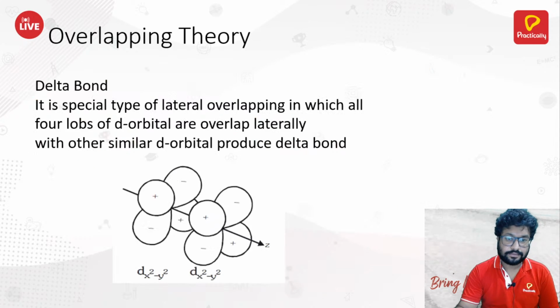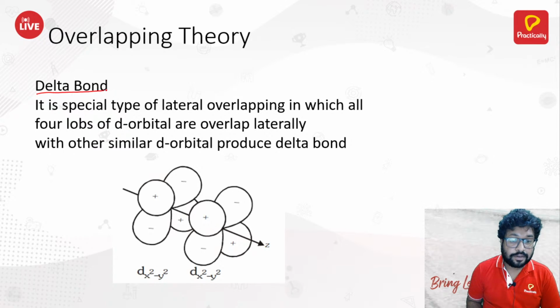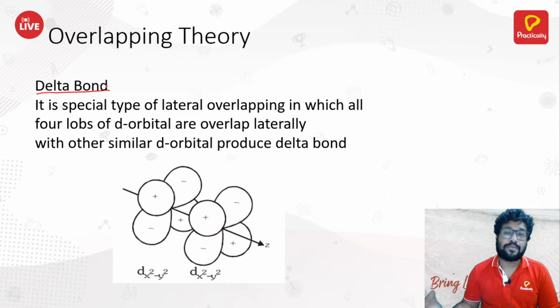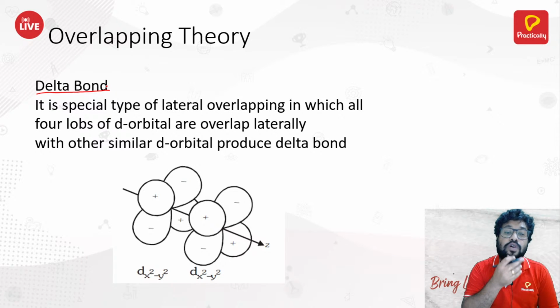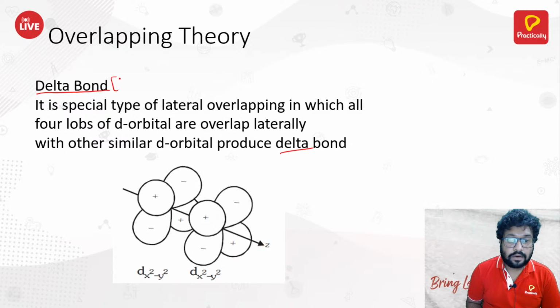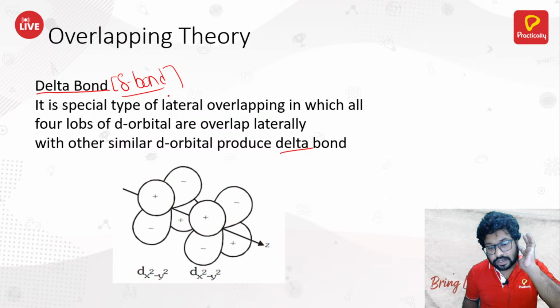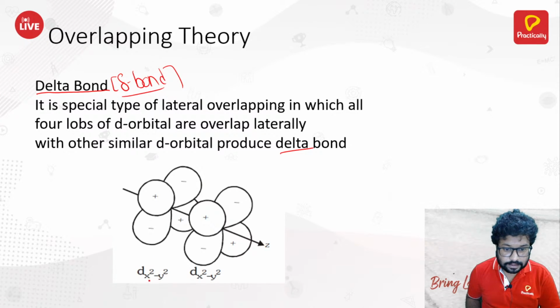No? Okay. Chalo. So the last bond that we have is the delta bond. How do we form a delta bond? See, it's a special type of bond, where the lateral overlapping happens between the four lobes of a d orbital. When the lobes of a d orbital overlap laterally with another similar d orbital, you get a delta bond. So how are the dx square minus y square orbitals? See, they look like this.